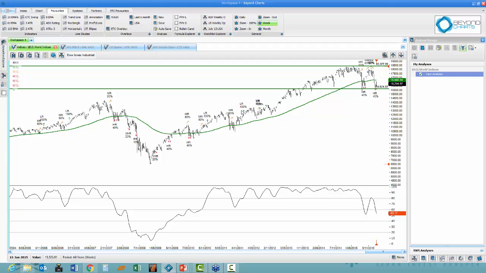And then if we do happen to break below, we basically extrapolate that distance further down. So if we do break below those particular levels and we can't rally and retest, then there's every chance we could get down to these levels at this point in time. So just something to be mindful of at this stage, whether or not that's going to happen.